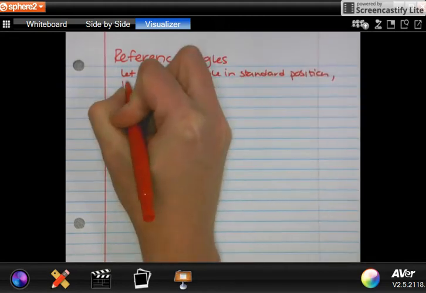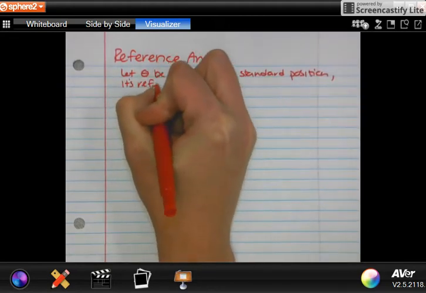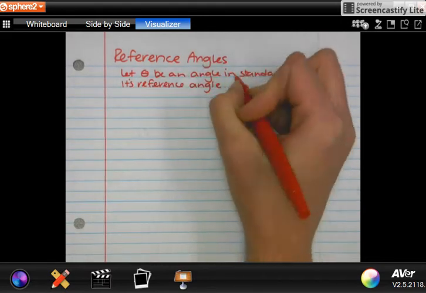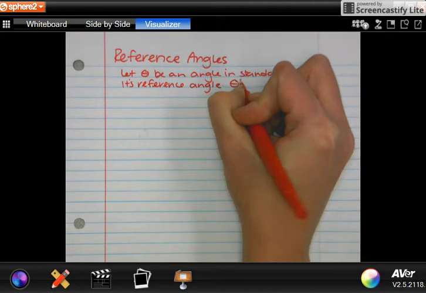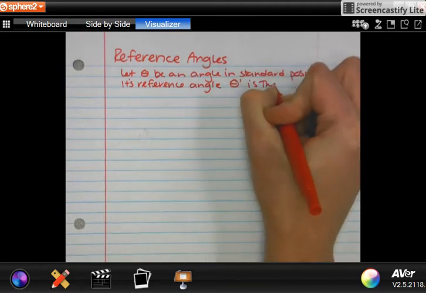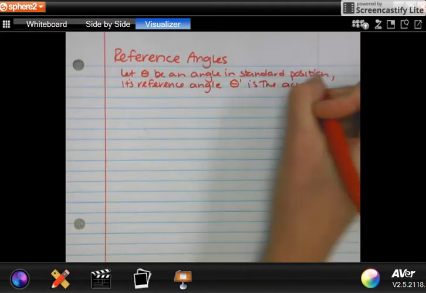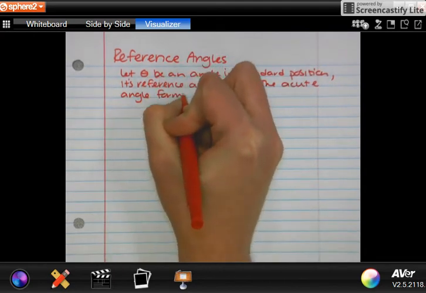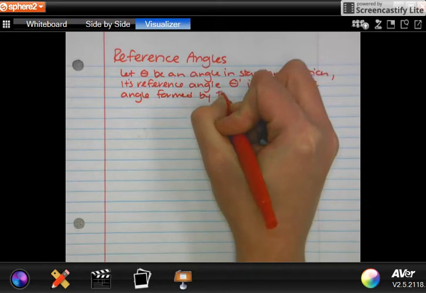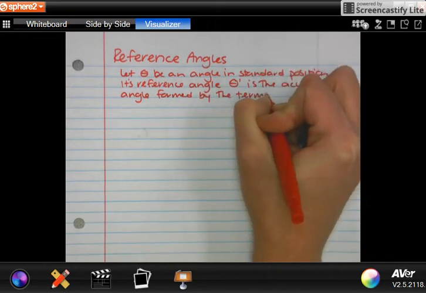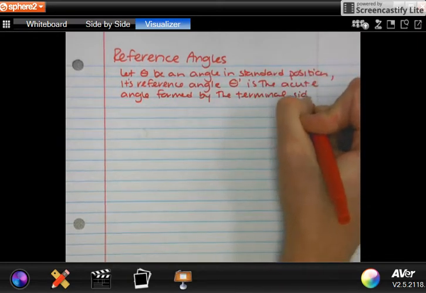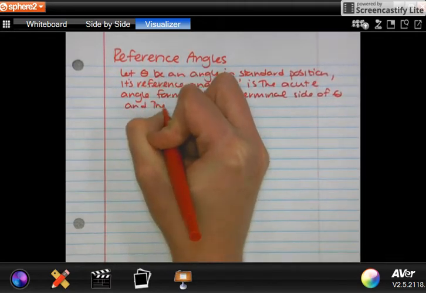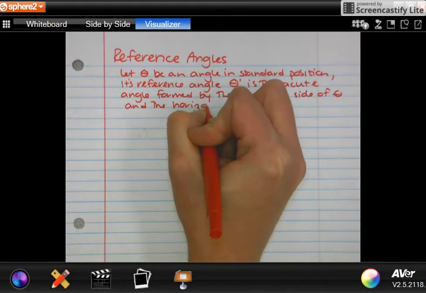Its reference angle, which we'll call theta prime, is the acute angle formed by the terminal side of theta and the horizontal axis. Always the horizontal axis.